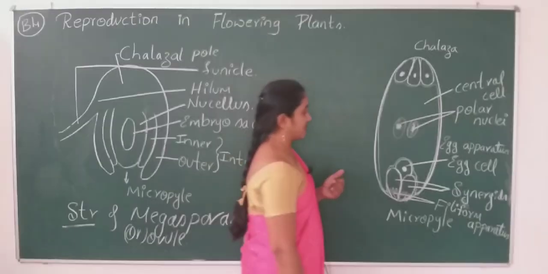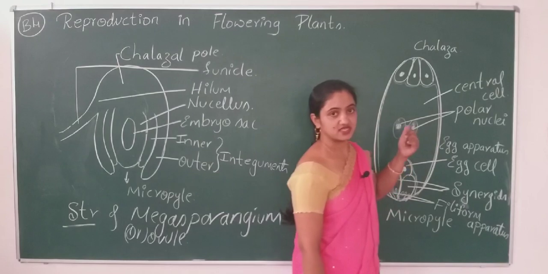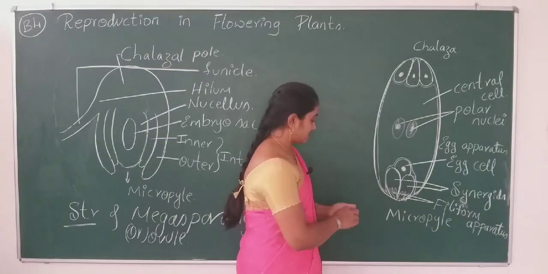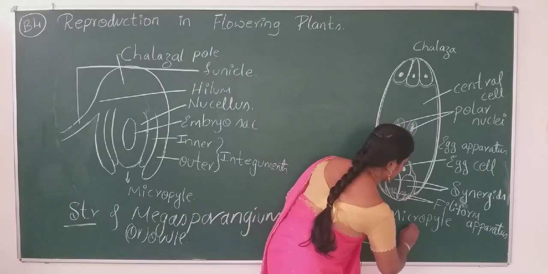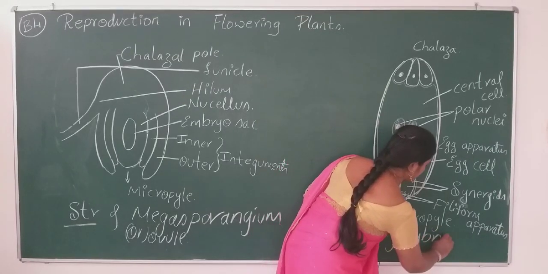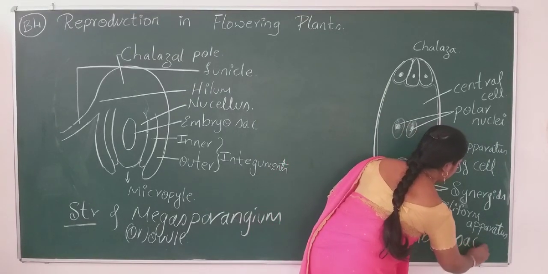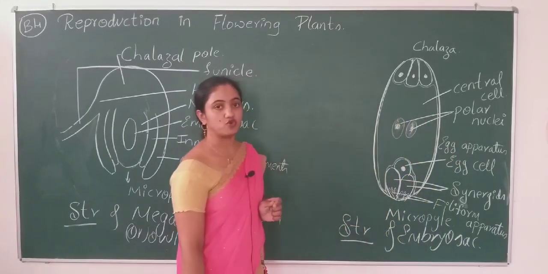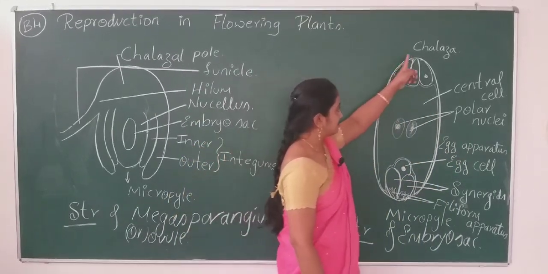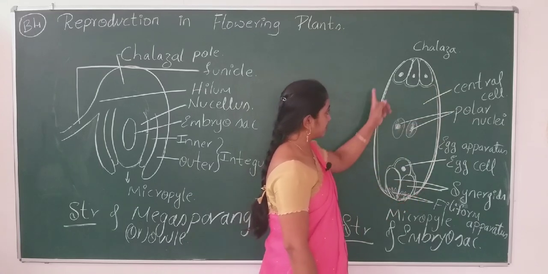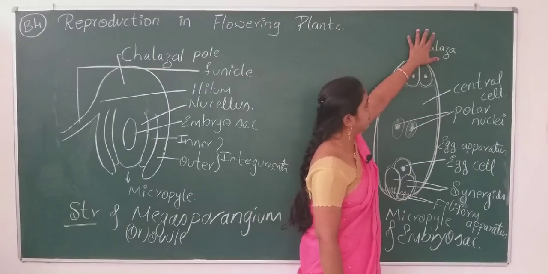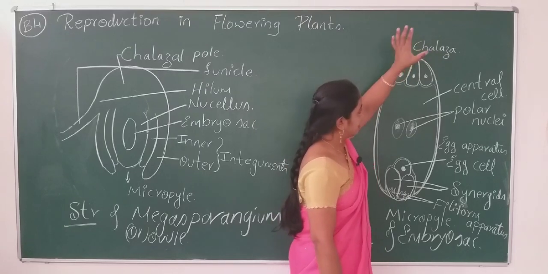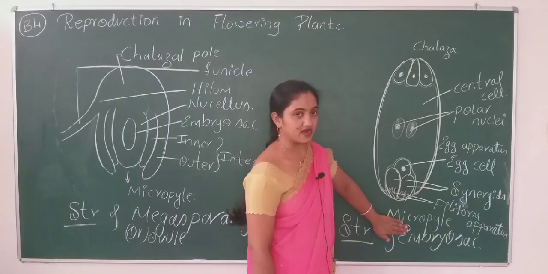Now coming to this diagram, we have one more structure, that is the structure of embryo sac or female gametophyte. Don't forget to mention the parts. This is the chalazal part and micropylar part.